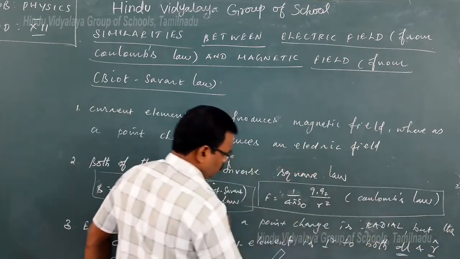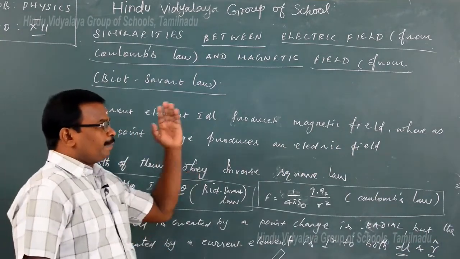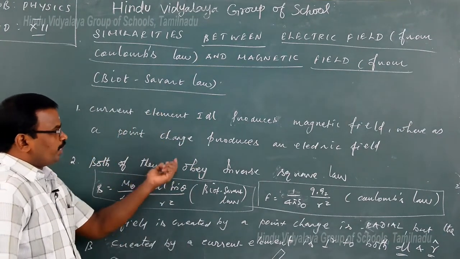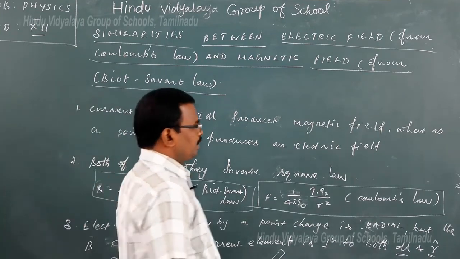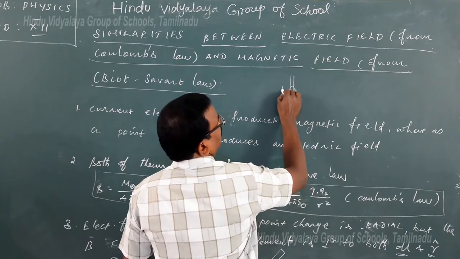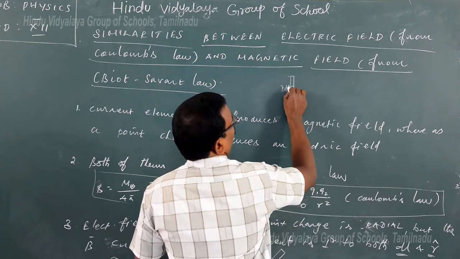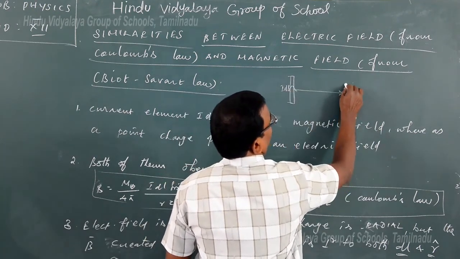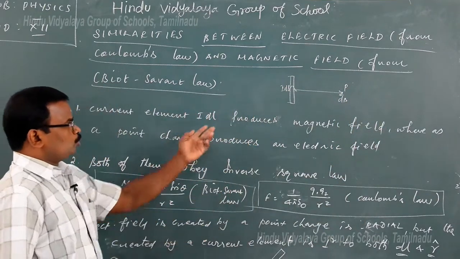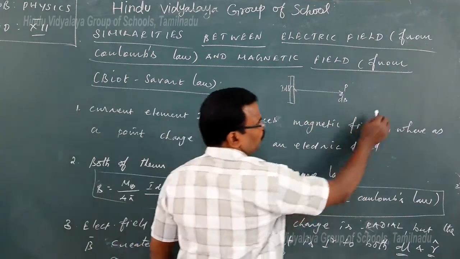The first point: the current element I dl produces a magnetic field, whereas electric charges or point charges produce the electric field. Current element means, just like a conductor, when electric current I passes through a small element of length dl, a magnetic field dB is produced at this point P. So the magnetic field is produced due to the current element, and the electric field is produced due to point charges.